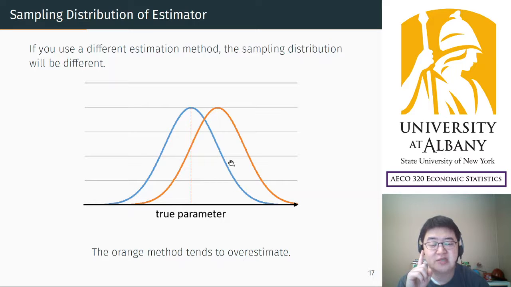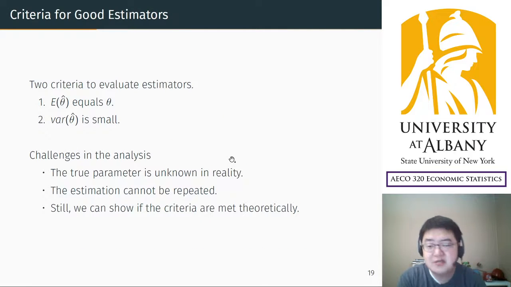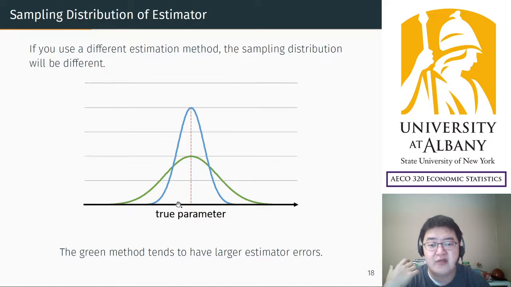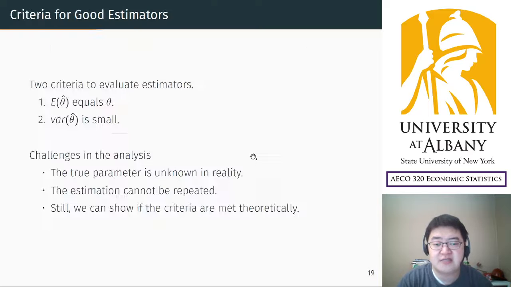The blue one satisfies that criterion, but the orange does not. Orange is overestimating. And the second criterion is about the variance. The variance of the estimator calculated from the sampling distribution should be small. The smaller the better. Again, in this graph, the blue estimator has smaller variance, so it's less likely to deviate much. It's more compact, which is a desirable property for an estimator.